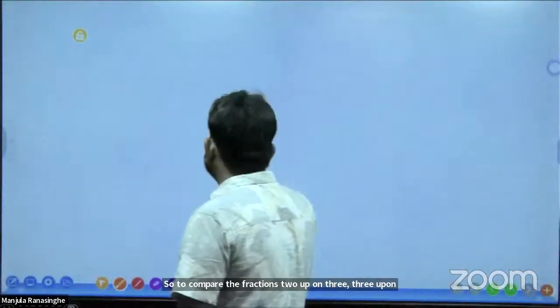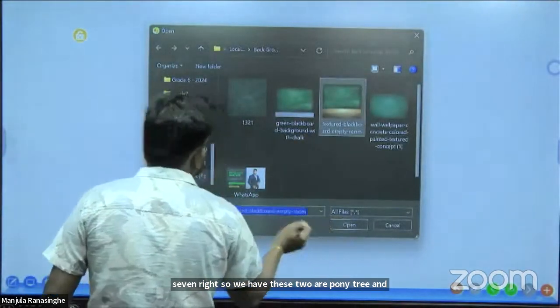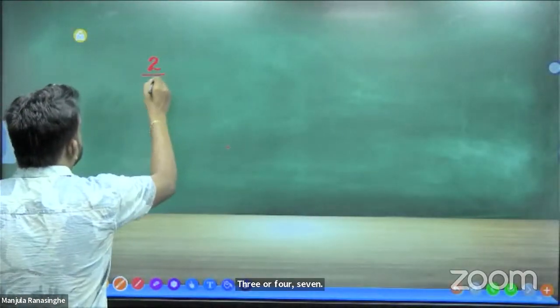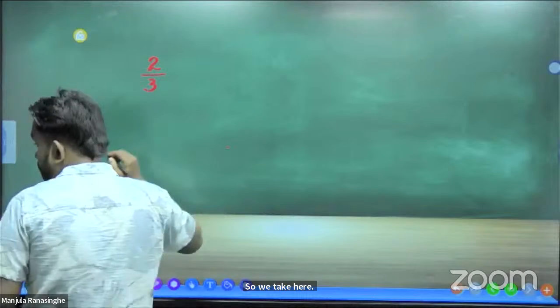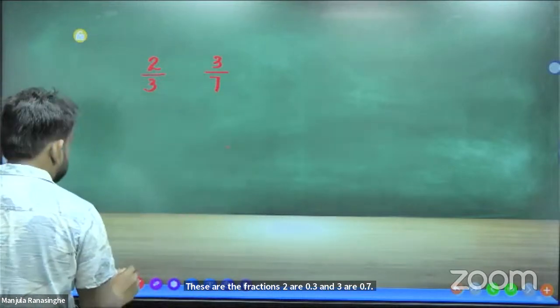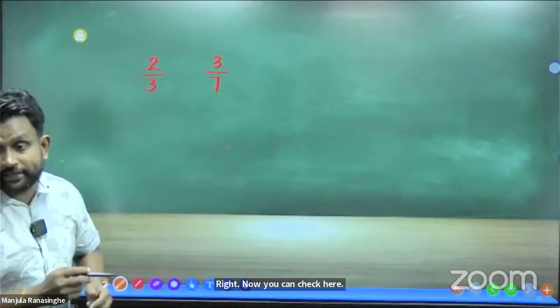Right. So we have this 2 upon 3 and 3 upon 7. Now you can check here. Right. Denominators are not the same to compare.